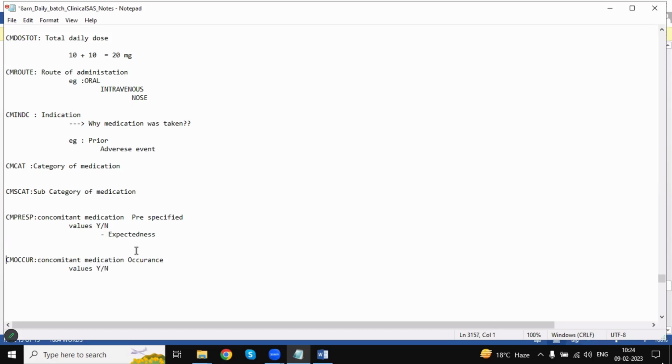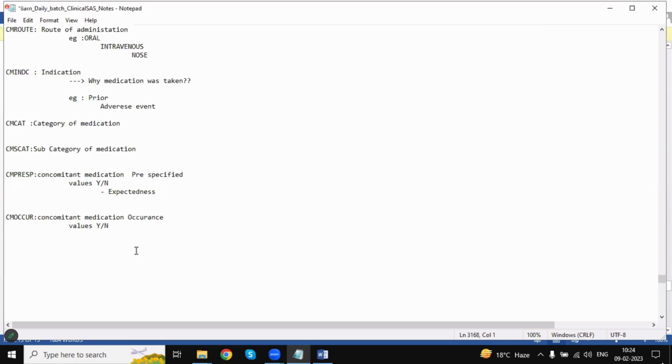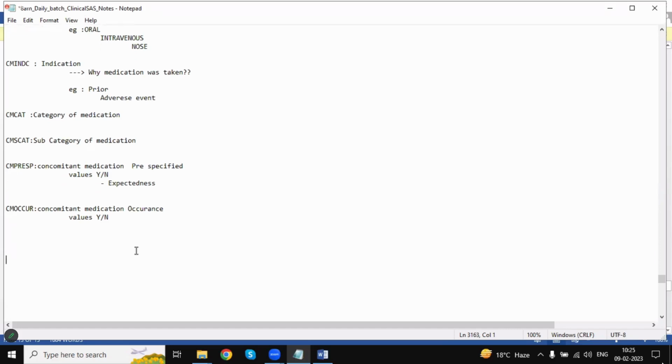For each particular treatment, it was either pre-specified, meaning intimated before, or not. And whether it occurred or not means whether the particular treatment was taken or not. That is the occurrence detail.